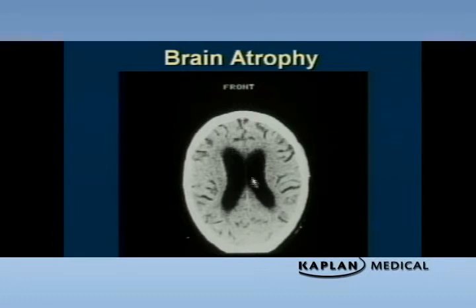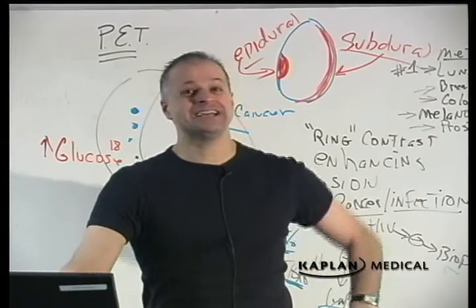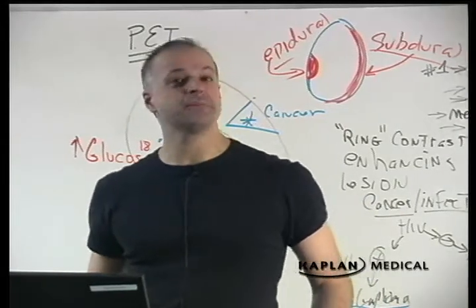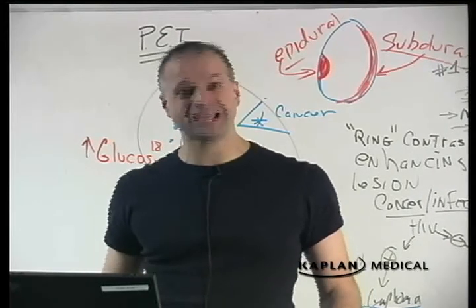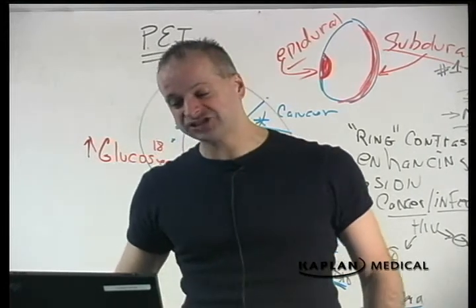This is the enlargement of the ventricles, and this is a person who has dilation of the sulci. Age, alcohol, HIV effect on the brain. In this case, it happens to be HIV, but you couldn't tell that just by looking at the CAT scan.